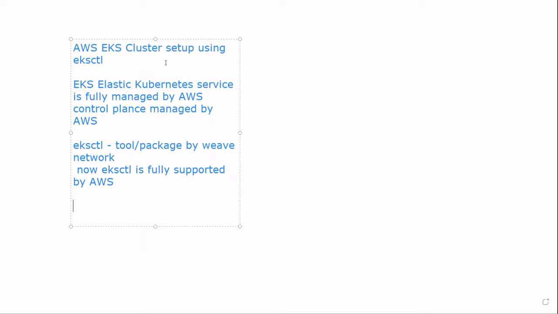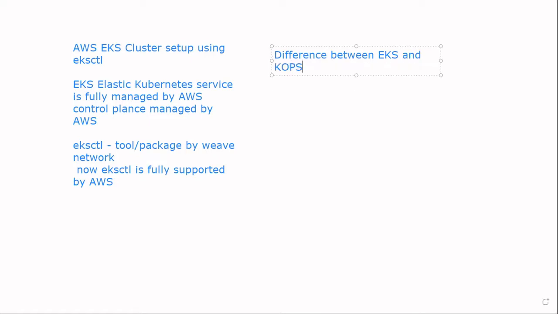Then, what is the difference between KOPS and EKS? EKS is managed by AWS, while KOPS is self-managed.